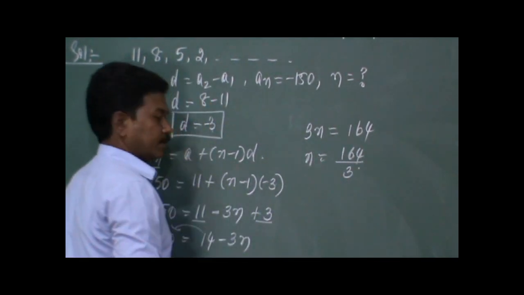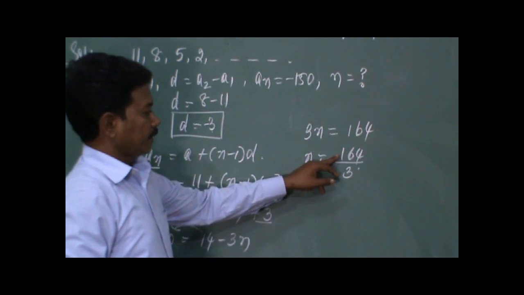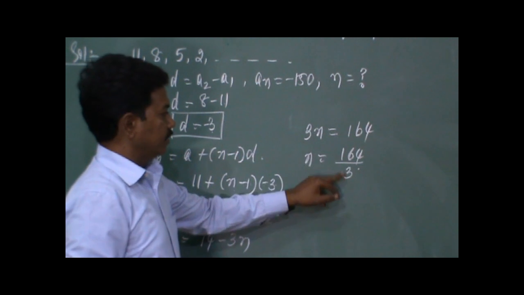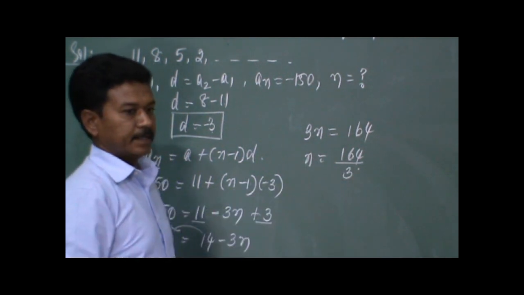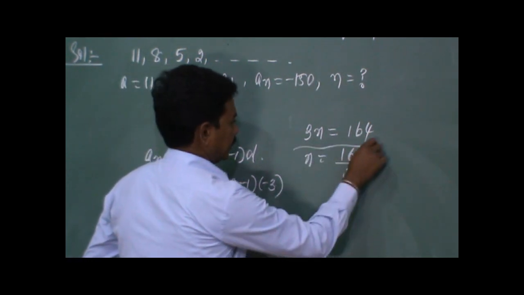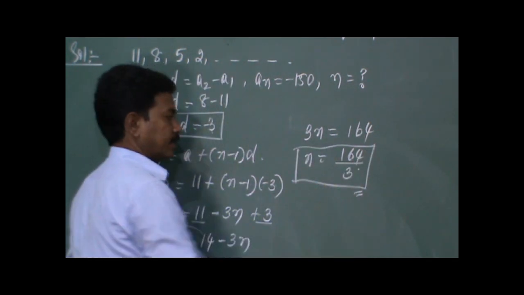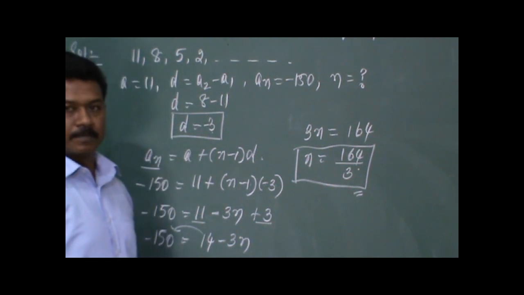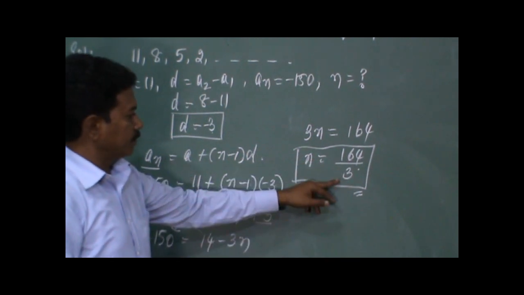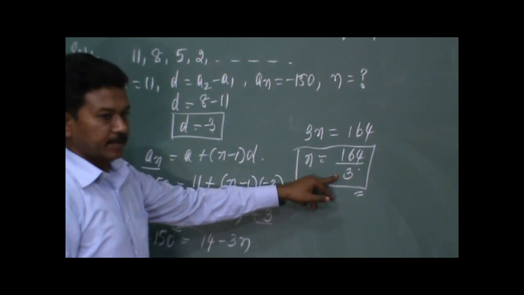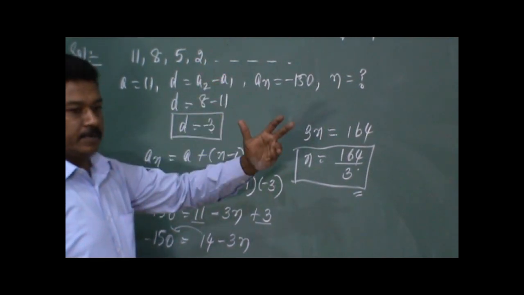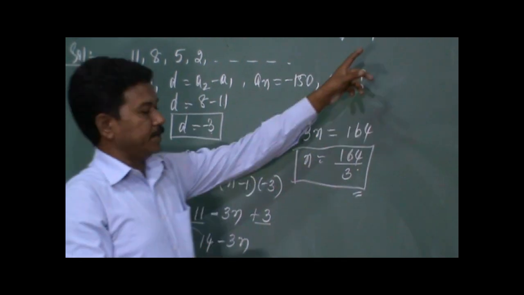3 is an odd number and 164 is an even number, so 164 is not divisible by 3. If you divide 164 by 3, you are going to get a decimal number. So n is equal to 164 by 3 indicates that n is not a natural number, so it's not an integer. Therefore, as 164 by 3 is a decimal number, minus 150 would lie in between two terms of the AP.